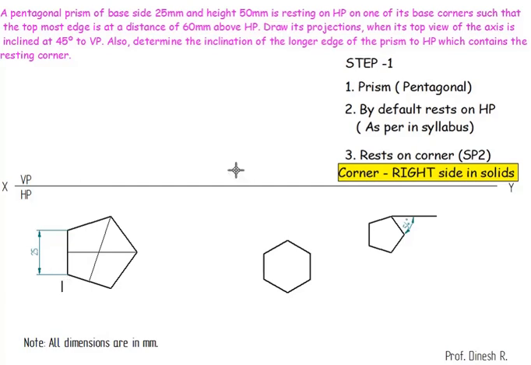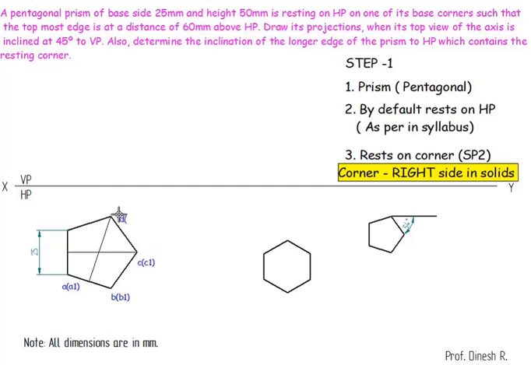So this point A is seen, but A1 is not seen. B is seen, but B1 is not seen. C is seen, C1 is not seen.